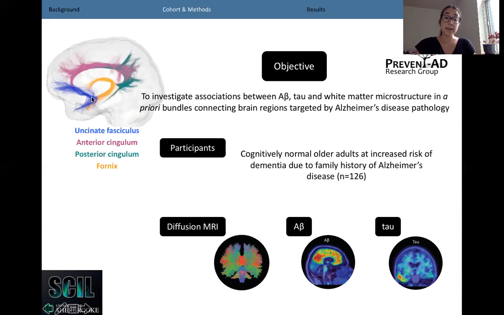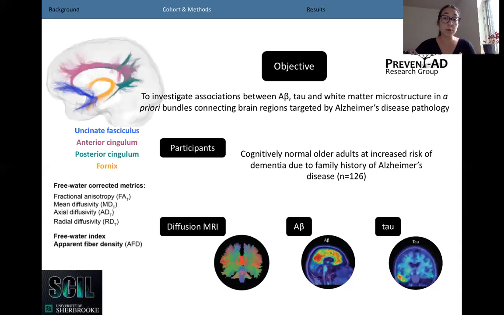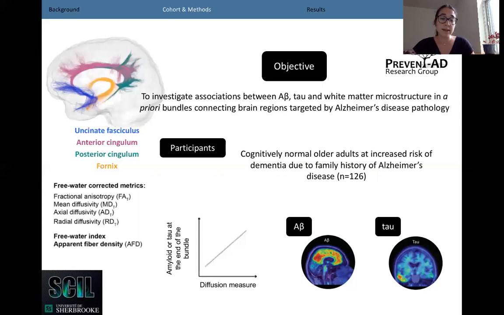They were the uncinate fasciculus, the fornix, and then the anterior and posterior part of the cingulum. In each bundle, we then extract typical diffusion measures that mainly represent the amount of diffusion that's possible along those bundles. And then as a last step, we look at associations between the different diffusion measures and the amount of amyloid and tau directly at the endpoints of the bundles.